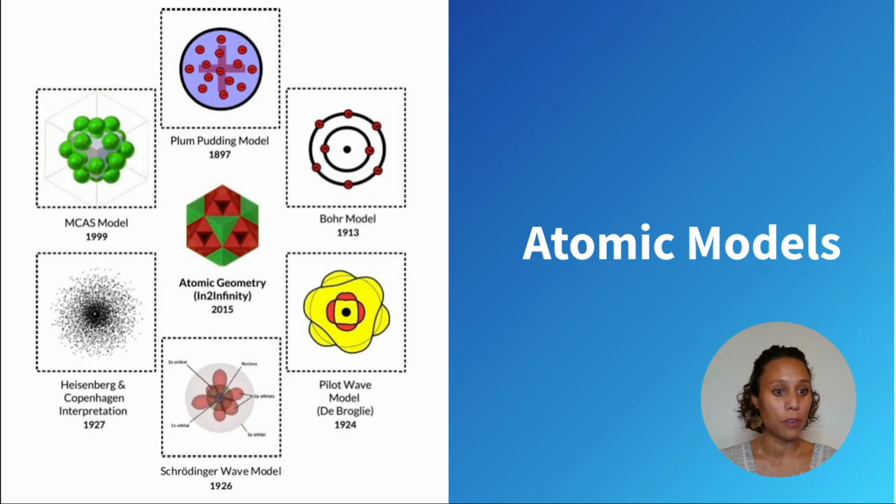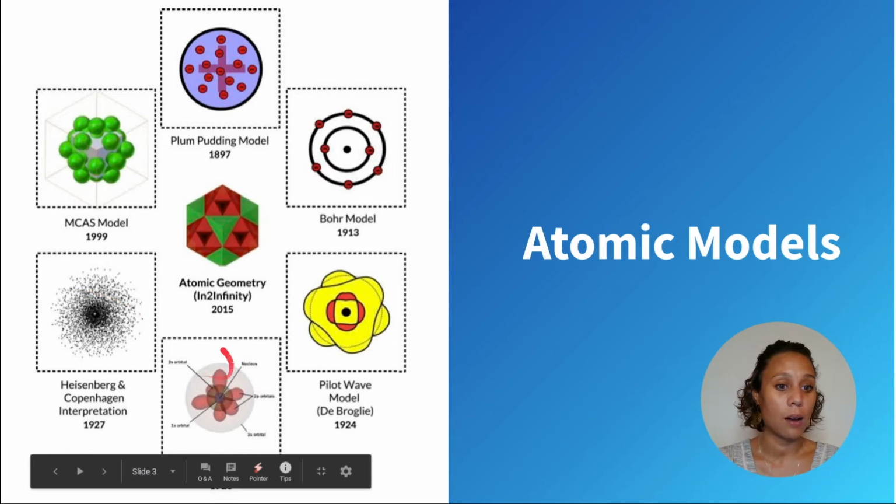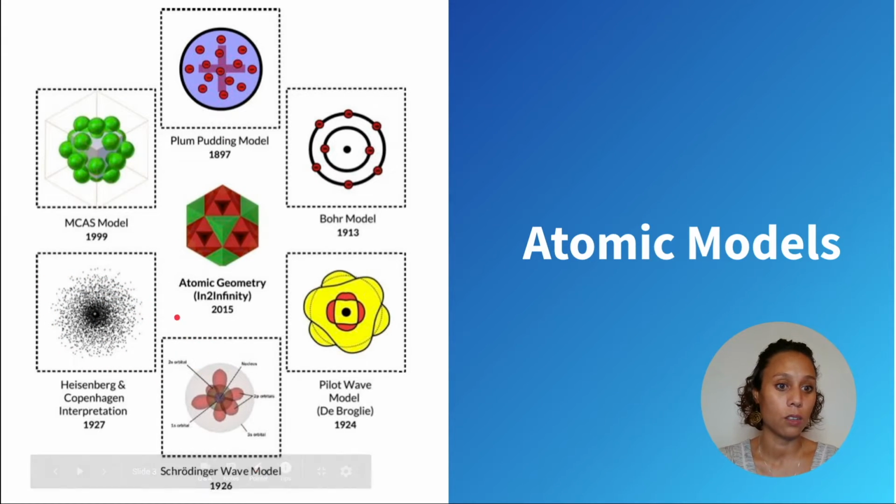So it was a kind of probability. They can be located somewhere, but in other places they cannot be located. And that today is the basis of the wave mechanical model, which is what physicists teach in school or university.